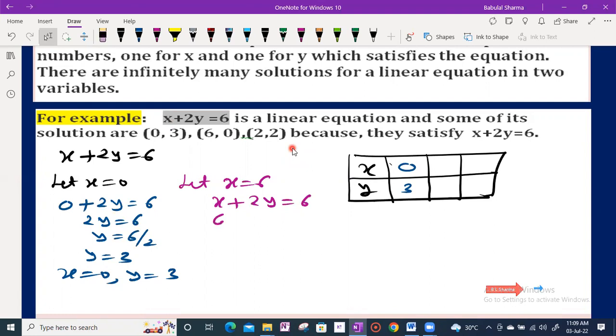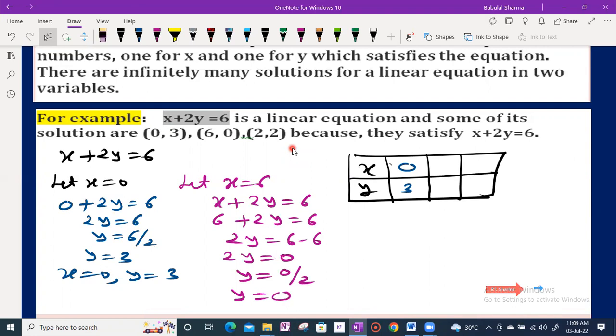Replace x with 6: 6 plus 2y is equal to 6. 2y is 6 minus 6. 2y is equal to 0. y is 0 by 2. Whenever the numerator of any number is 0, it is equal to 0. So if the value of x is 6, then the value of y will be 0.